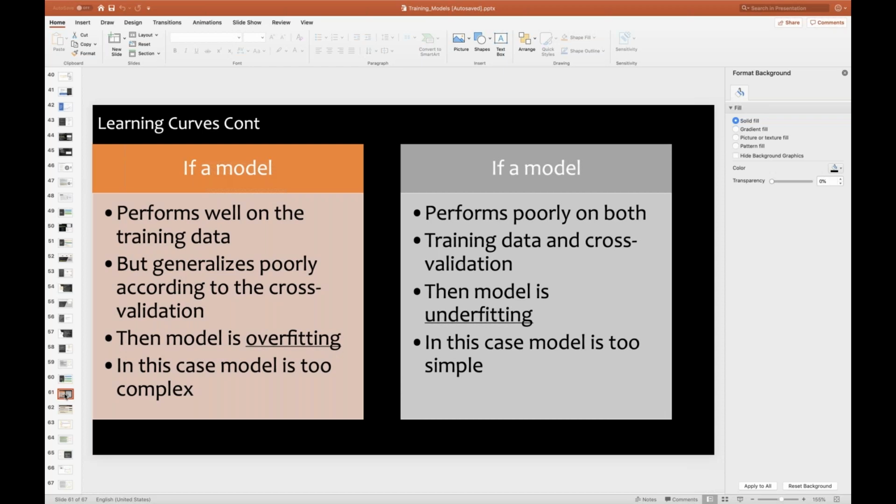If your model is performing well on training data and generalizes poorly on cross validation data, go back to my daughter's example: apple, banana, orange versus apple, banana, orange, strawberry, grapes. If a model is not doing well on the newly added features, or not doing well on the validation data, then that is called overfitting. This is also understood. Let's go to the next slide.